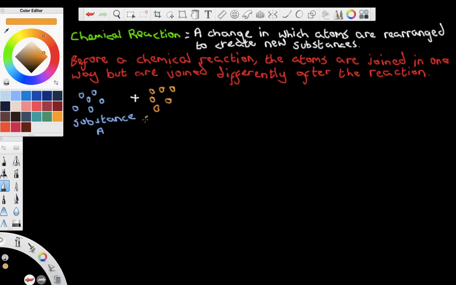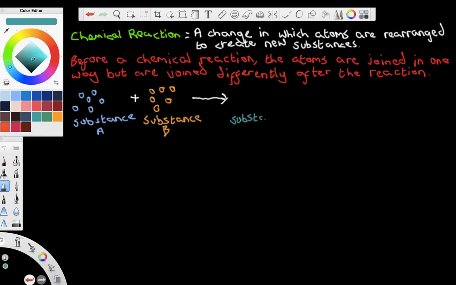So this is substance B. If we add those together, we could theoretically make substance C. And because this is a chemical reaction, the atoms have been rearranged differently.